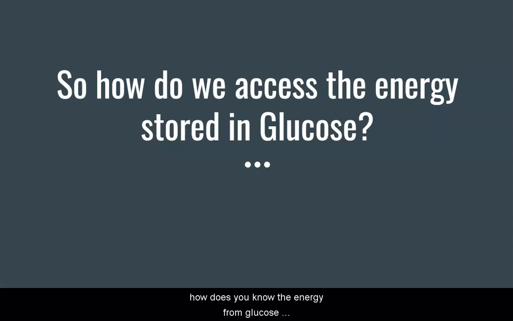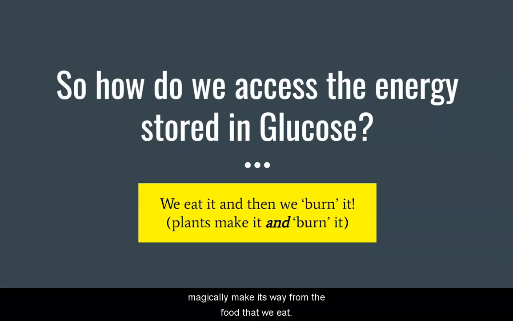So how does the energy from glucose make its way from the food that we eat to the energy that we need? For us, we eat it, but then we have to burn it. And that's where the analogy to burning calories comes in. Plants make it, but then they also need to burn it. So them just doing photosynthesis and making glucose is not enough. They actually do respiration also.